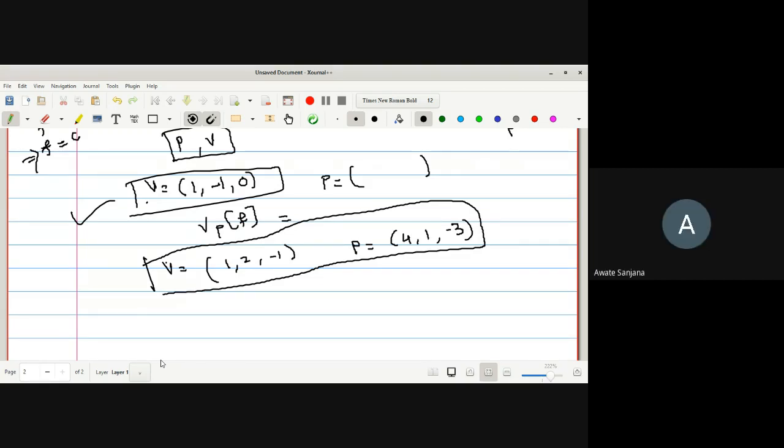Minus 3. Yes, everyone got the same answer. VPF is minus 3.